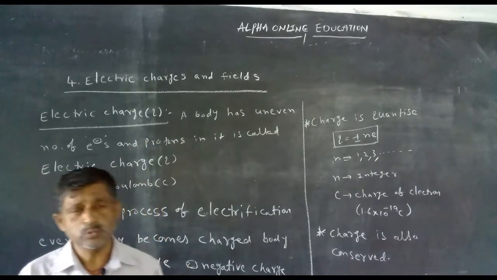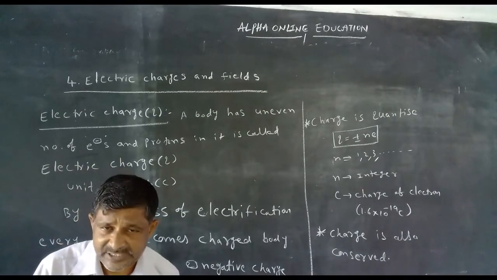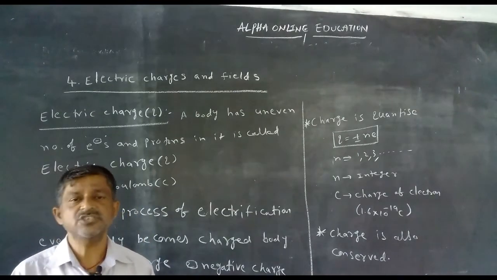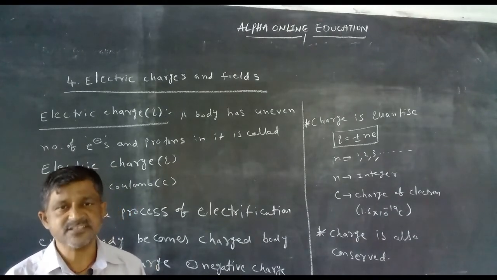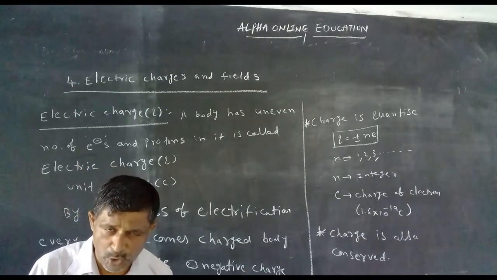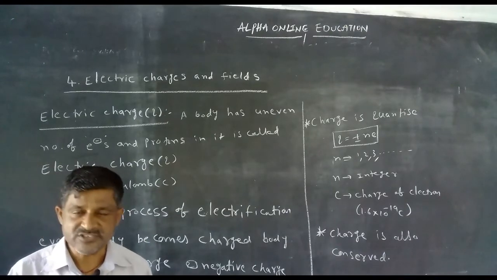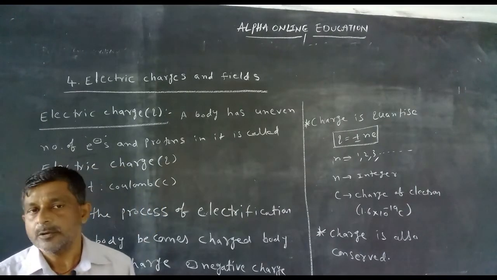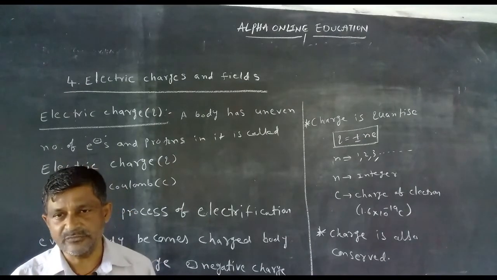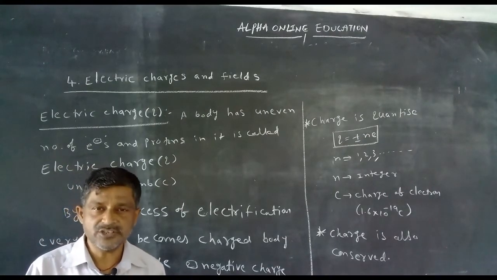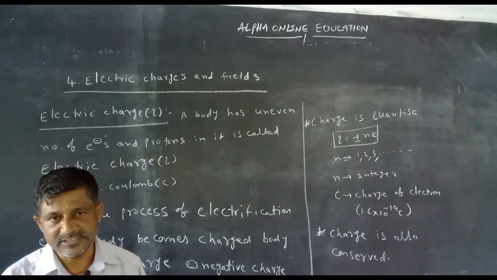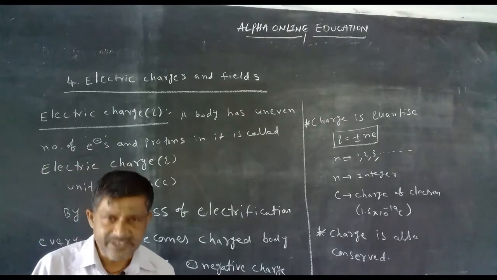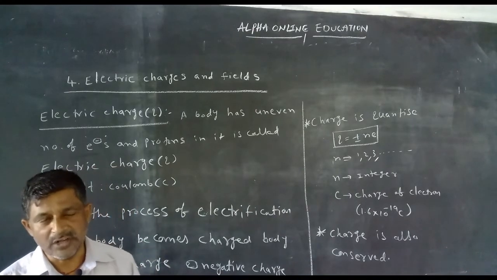But how is an uncharged object converted into a charged object? The uncharged object is converted into a charged object by the process of electrification. Electrification is also called rubbing.